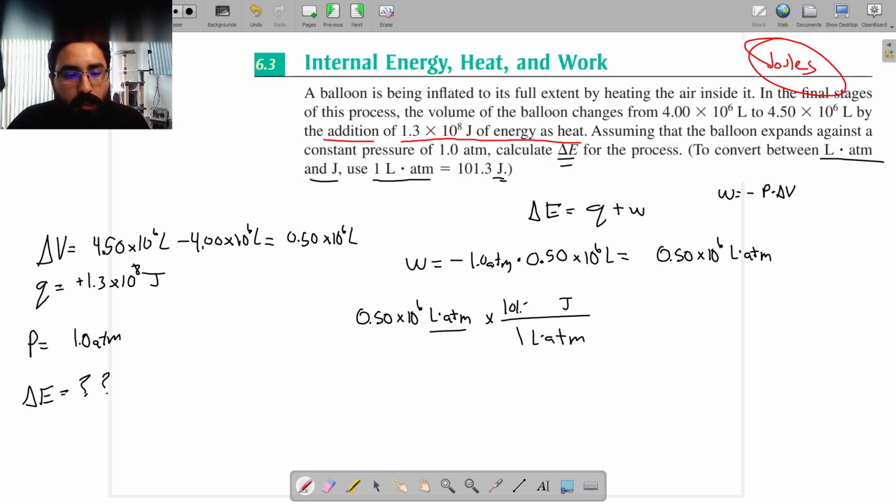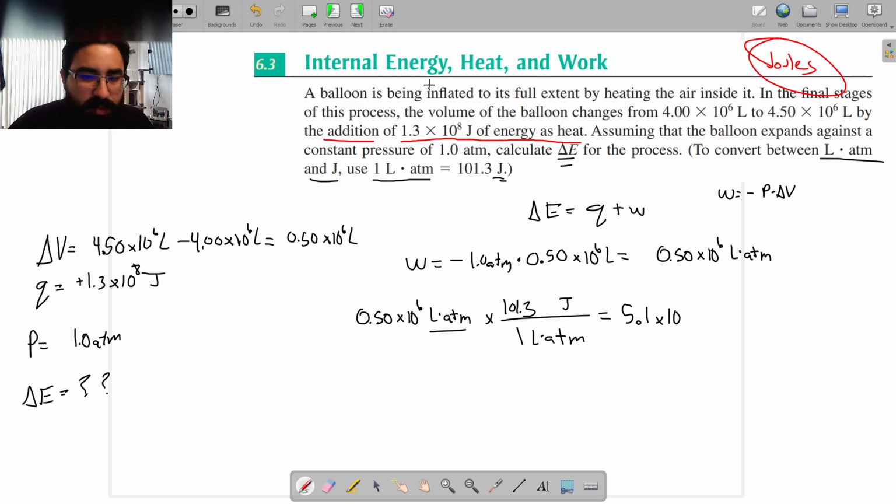We put 101.3 right here. It's scientific notation, times 0.50 e to the 6. Yeah, it's going to be 50. We'll say 5.1 times 10.